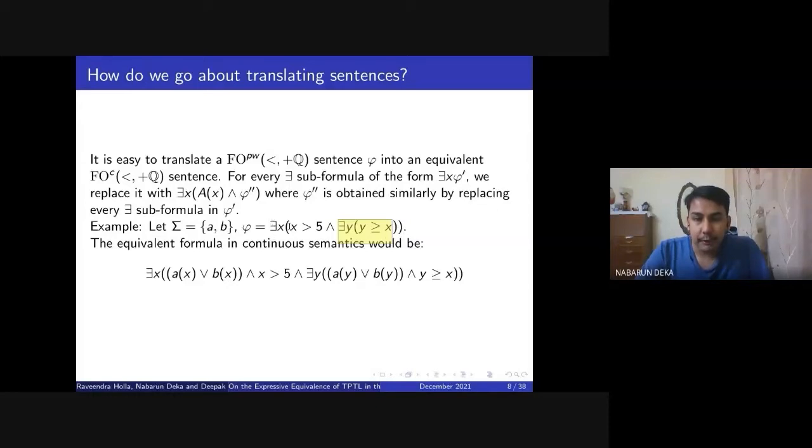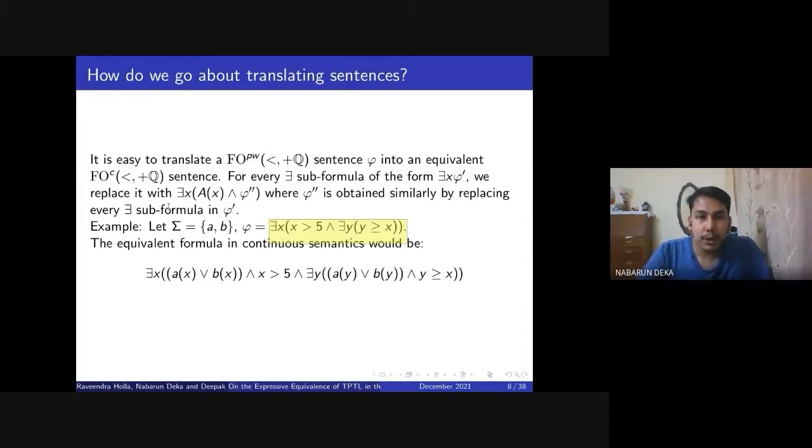To have an equivalent sentence in the continuous semantics, all we need to add is x is a or b, and y is also a or b, because our actions have only two possibilities, a or b. So it is easy to see that this sentence behaves exactly the same way as this sentence when interpreted in continuous semantics.